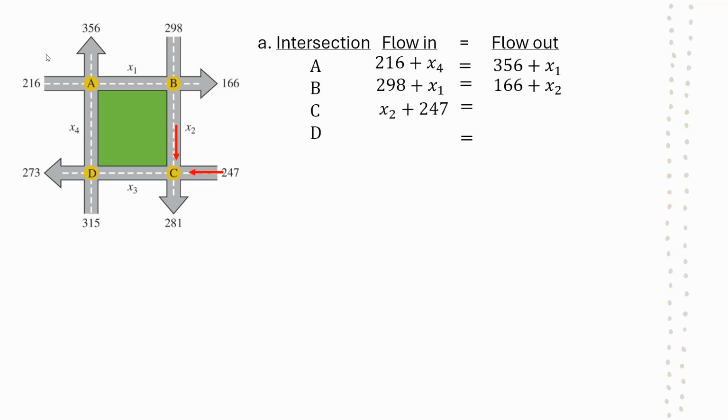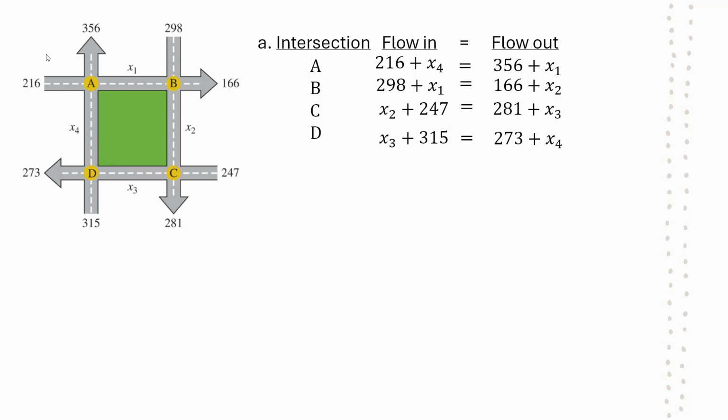And then the traffic going out is going either down or to the left, and that's 281 plus x sub 3. And then for intersection D, you've got traffic coming in from below, 315, or coming from the right, x sub 3. And then you've got traffic flowing out either to the left, 273, or straight up, x sub 4. So those are all the things that equal each other. And so that's 4 equations.